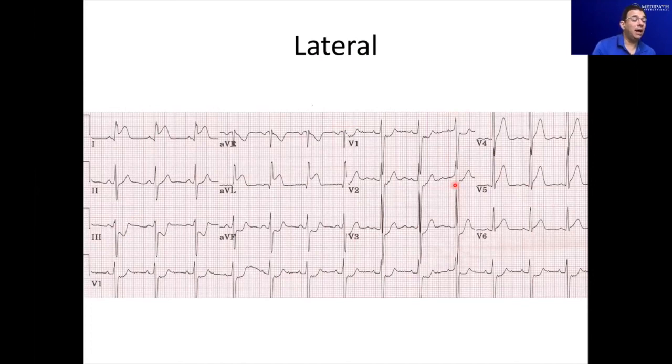You can see ST elevation that's not consistent, but it's more a diagnosis based on labs, elevated troponins or CPK-MB with signs of inflammation or infection is the way we diagnose myocarditis.